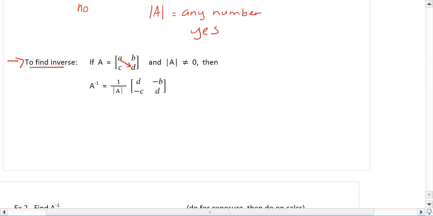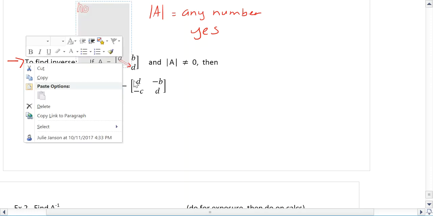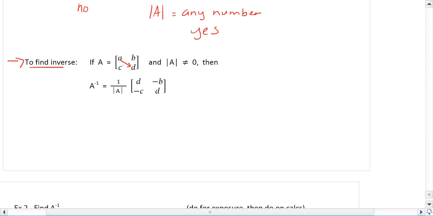You actually switch places with them. So you pick up the A and move it down to this location. That is supposed to be an A, so I'm going to change that to A. So you switch those places, and then you negate the minor. So you put negative signs on the minor.